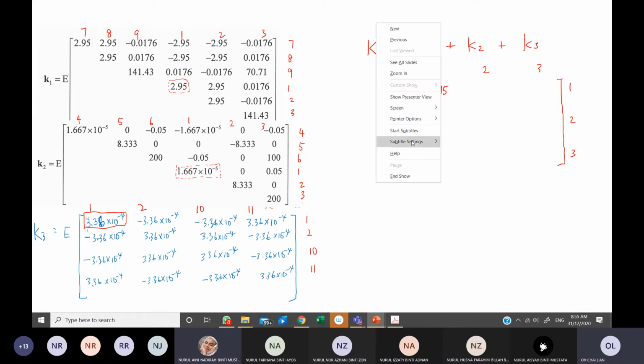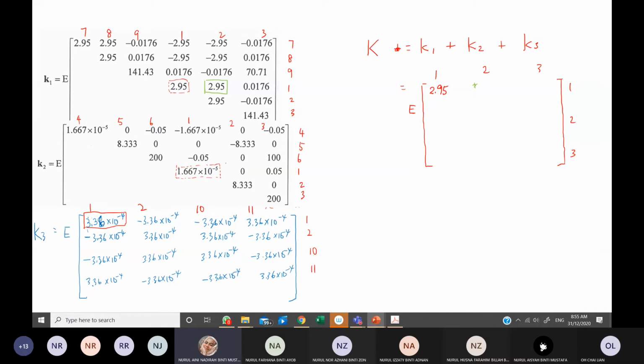Okay, so I change my color. Yes, please prepare for the second one, K12, this one. 2.95 plus 8.333 and then plus 3.36 times 10 to the power of negative 3.